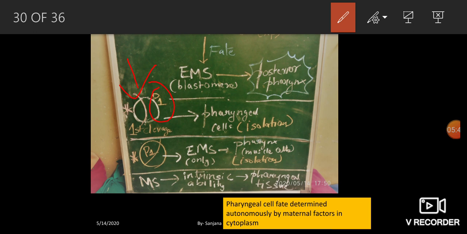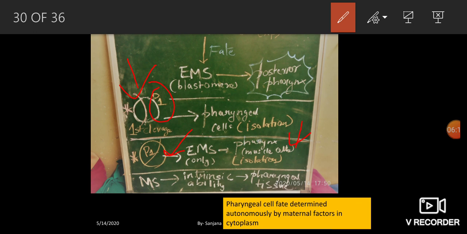When the P1 cell divides, then only the EMS cell will have the ability to form the pharynx muscle cells in isolation. So during the first cleavage, the P1 has the ability to form the pharyngeal cells in isolation, but when the P1 cell divides, the P1 will lose its ability and only the EMS cell will have the ability to form the pharynx muscle cells in isolation.